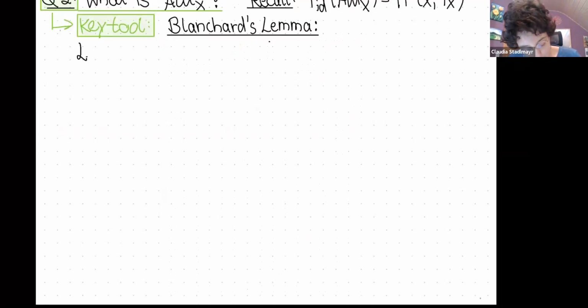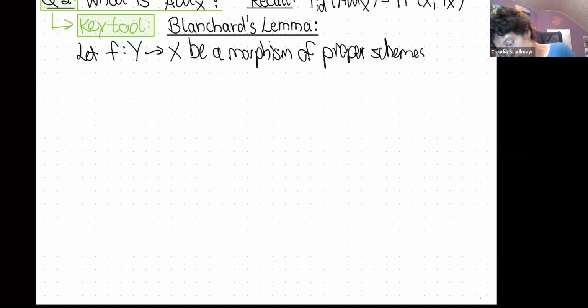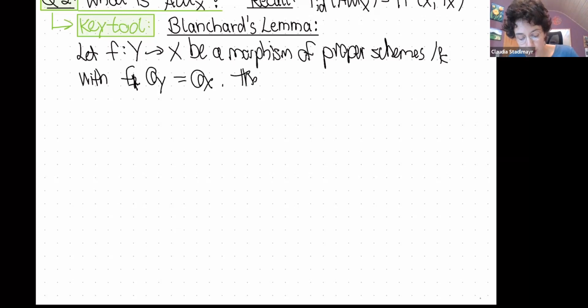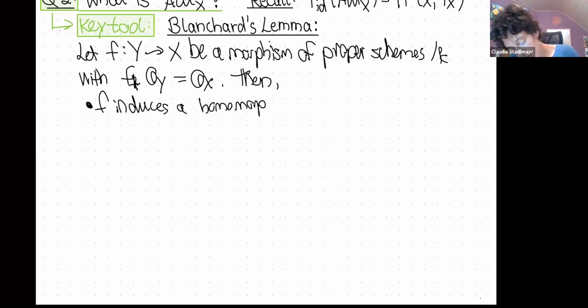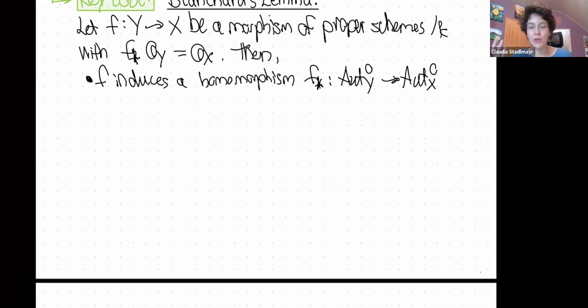So for Blanchard's lemma, let f from Y to X be a morphism of proper schemes over our ground field k, such that the push forward of the structure sheaf of Y is the structure sheaf of X. Then Blanchard's lemma tells us, first bullet point, that f induces a homomorphism of group schemes, which I denote by f_*, from the connected automorphism scheme of Y to the connected automorphism scheme of X. By this f_*, I don't mean any push forward or something like that.